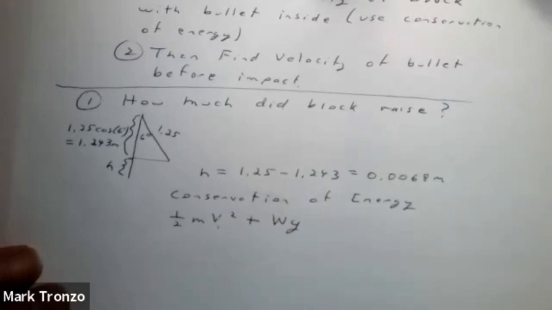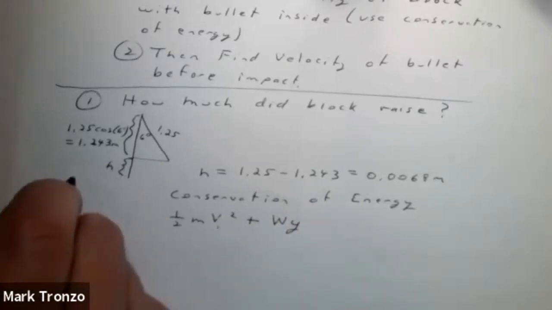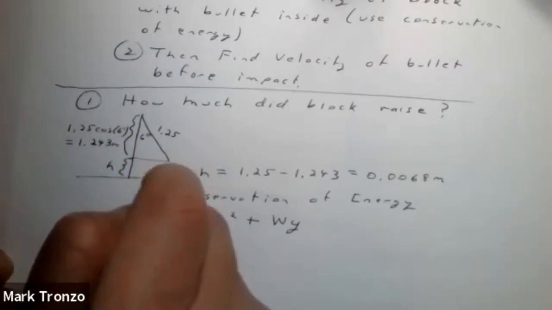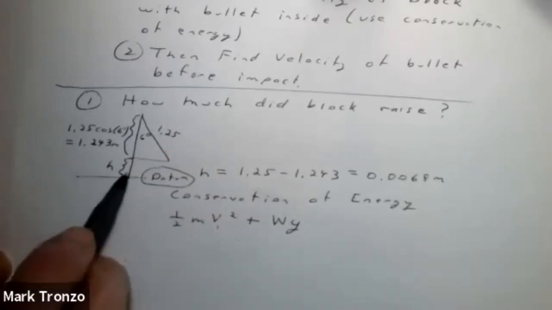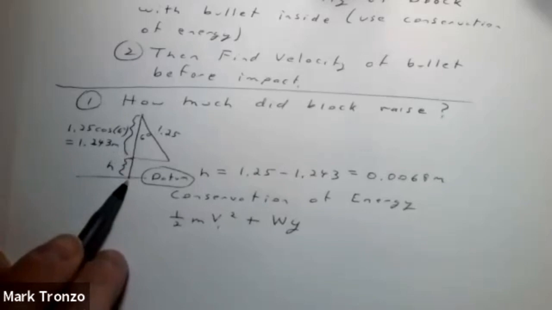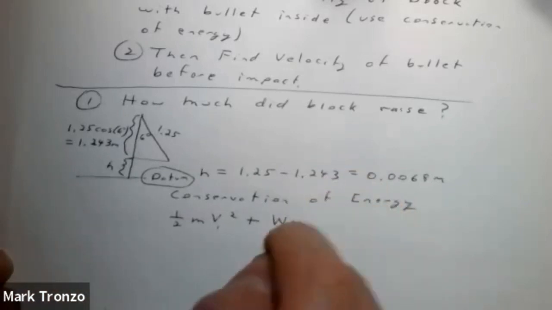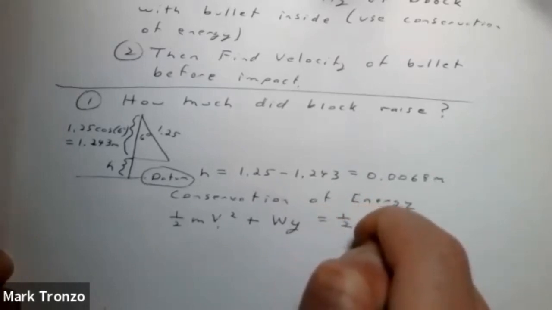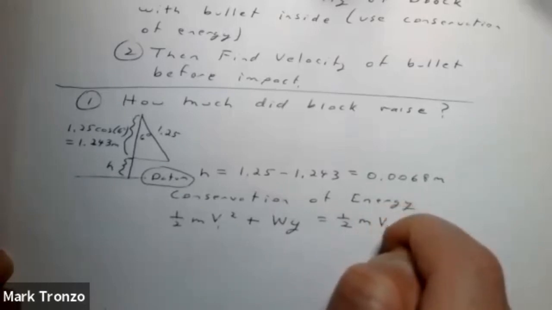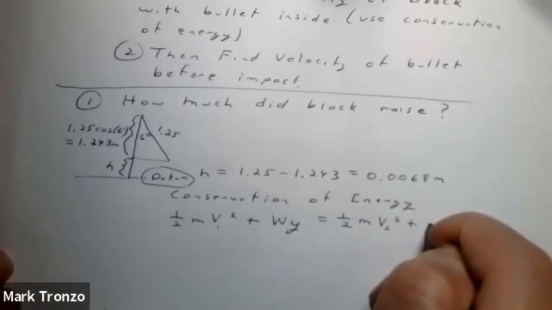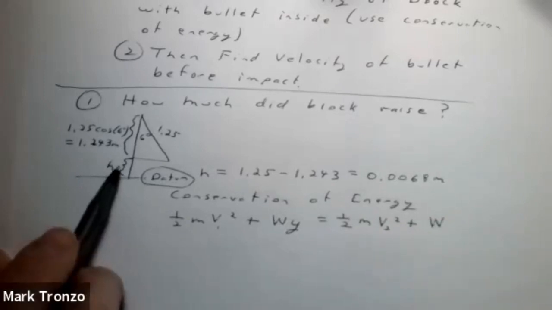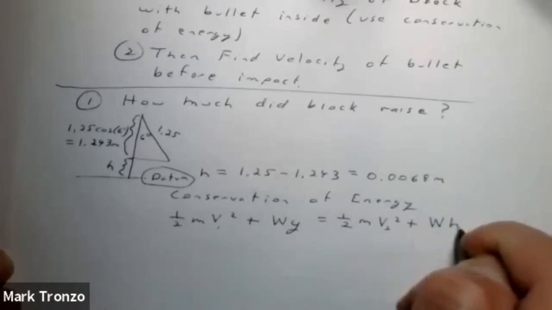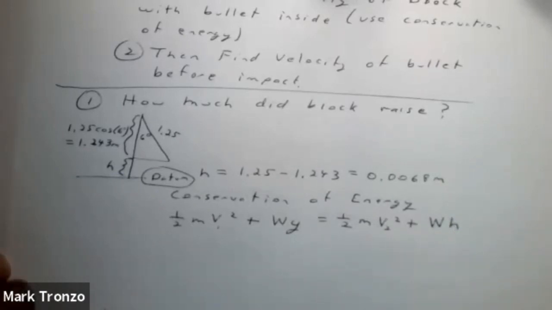Let's call this point down here the datum line, the starting point, when the block is just sitting with no angle. Then it equals 1/2 mv squared plus w, and after the impact, our h is going to be the distance from the datum line.